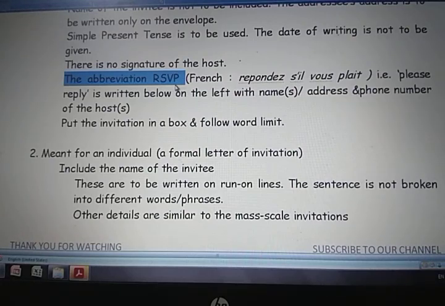Whether you received that invitation, whether you accept that invitation, whether you are unable to accept that invitation, everything you should write and mention. Clear? Next. Address and phone number of the host. Everything you should write. Address and phone number also you should write. Clear? Signature is not needed, but address and everything should be written on the card.